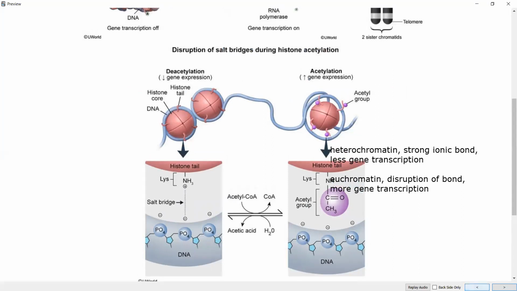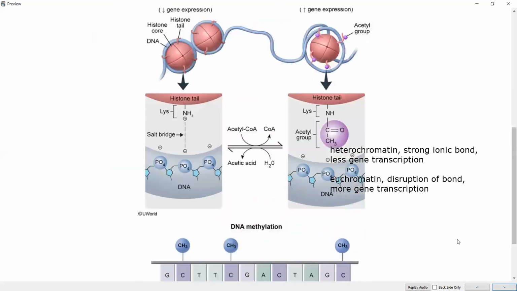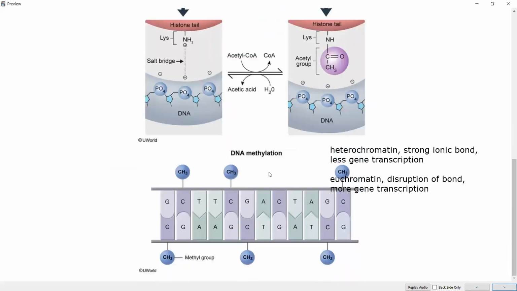Now, here's another thing. We have this thing called DNA methylation, which is addition of these small little methyl groups. Here is a question. Methylation, should it increase or decrease this binding? Let's think about that.